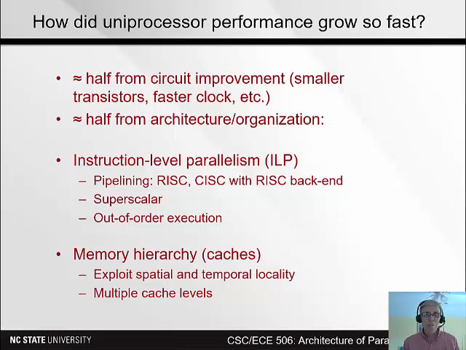And then, of course, there are multiple cache levels. So if a data item is not cached in the first level cache, you can look in the second level cache or maybe even the third level cache before you have to fetch it from main memory.